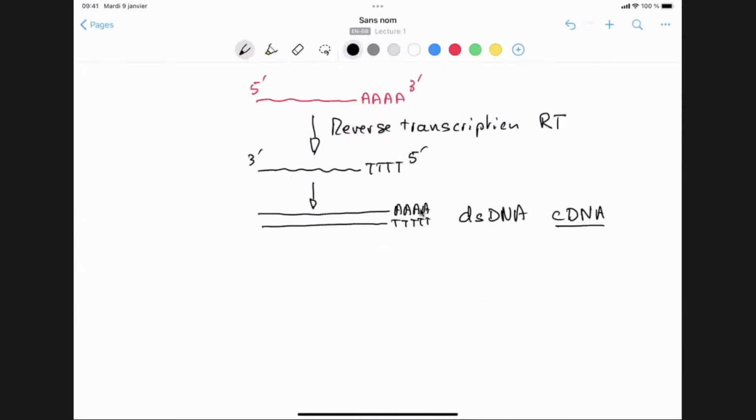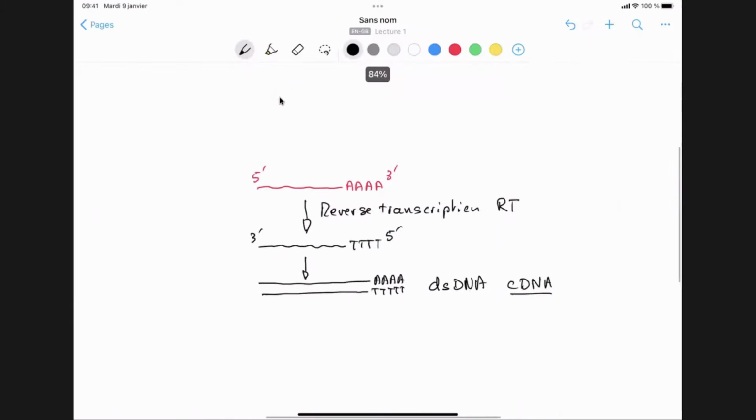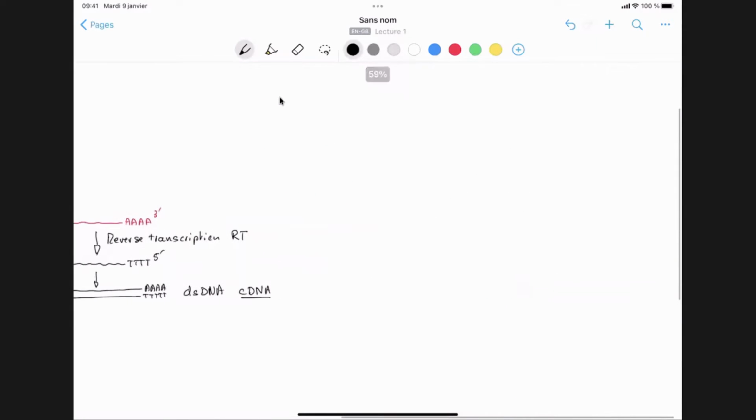Is this fine? The idea is very simple. If we extract the RNA contained in 2 different samples, situation number 1, which can be one tissue, and situation number 2, then we produce the corresponding cDNA in both situations.